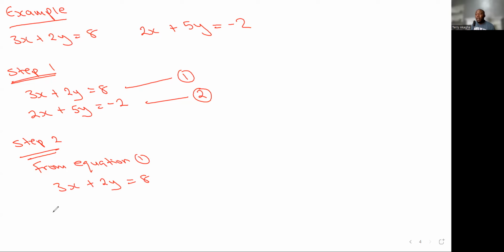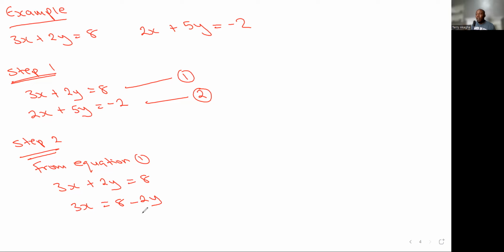If you remember in the previous video series, I told you about equations and how to manipulate them. So we're going to take 2y to the other side. Remember I told you when a value goes to the other side, crosses over, it changes its sign. So it's going to become 3x is equal to 8 minus 2y.